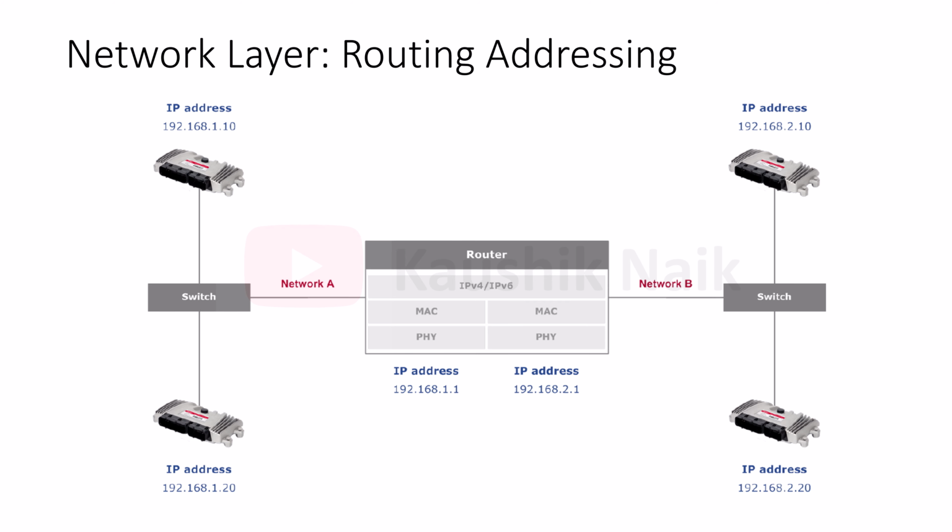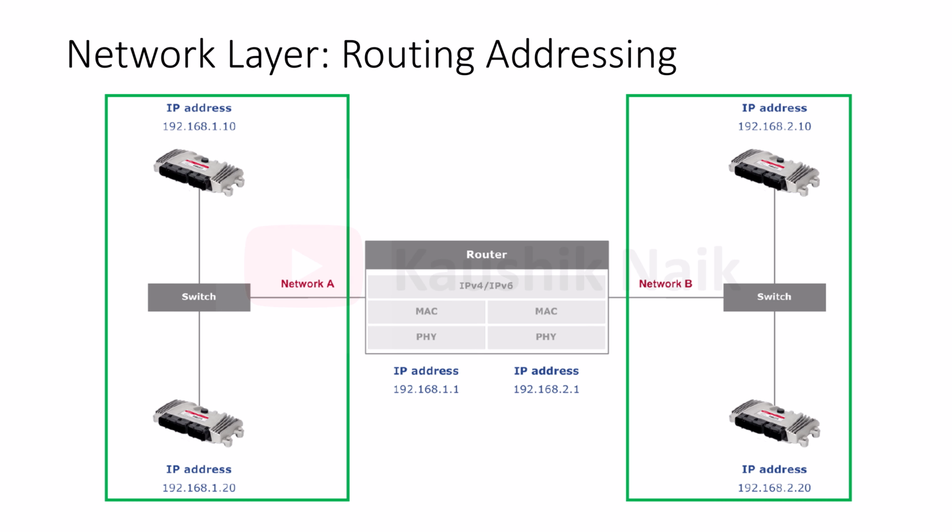Let's consider network A and network B. If you see here, there are two ECUs connected over a switch which is grouped in network A, and similar in network B. Let's say the two ECUs within network A want to communicate, then they could communicate over the data link layer without using any network layer protocol. But that is not possible in the case of communication between ECUs in network A and B, as they are not within the same network and are not connected to the same switch.